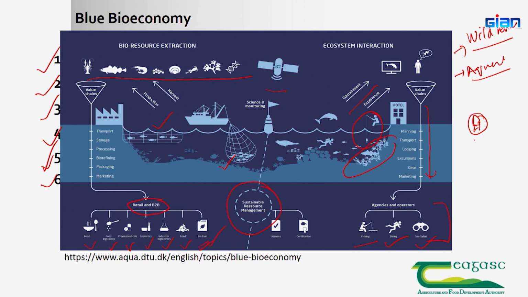And when we go to seaweed production, you will come across a term called IMTA, integrated multi-trophic aquaculture. I'll ask you that question when we get there. It's a good thing there is no exam anyway. So IMTA is integrated multi-trophic aquaculture, where you grow different species together.